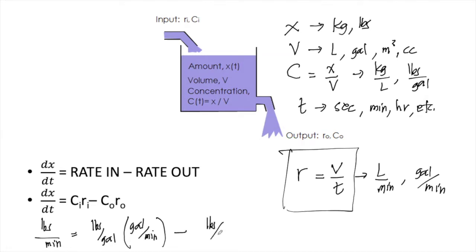So pounds per gallon, with the C sub I times flow rate out is gallons per minute. As you can see, pwede na makancel yung gallons dito, di ba? So anong natira? Pounds per minute. Dapat ganun. So bawat term, the same silang units. So ito, cancel na rin yung gallon.